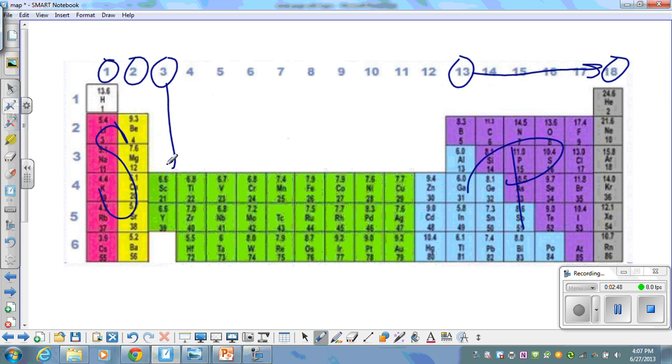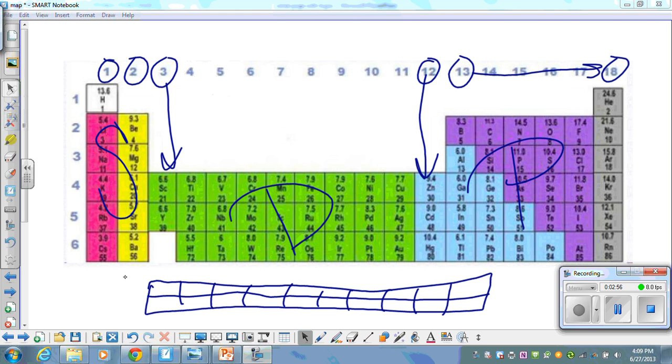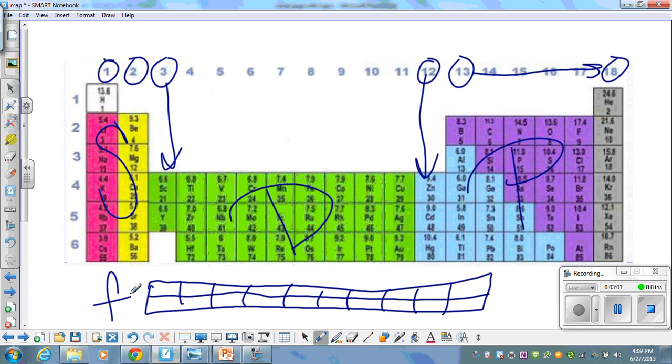Groups 3 through 12 are part of what is called the D block. And the F block is two periods that are normally included at the bottom of a periodic table.